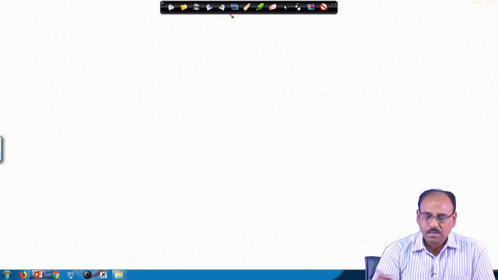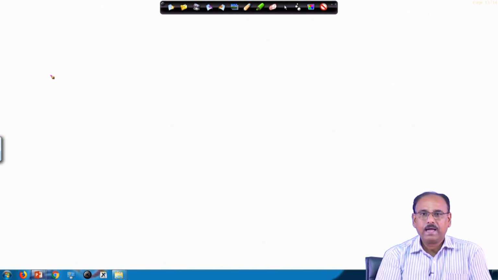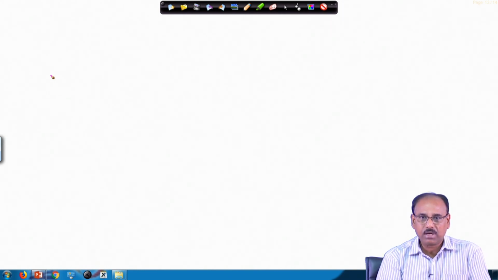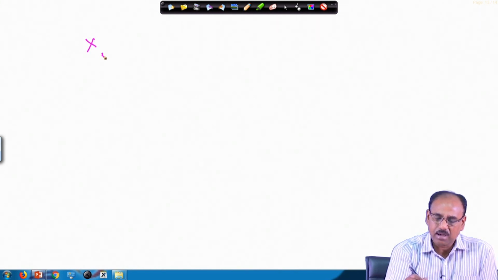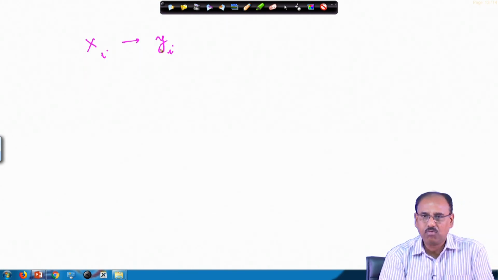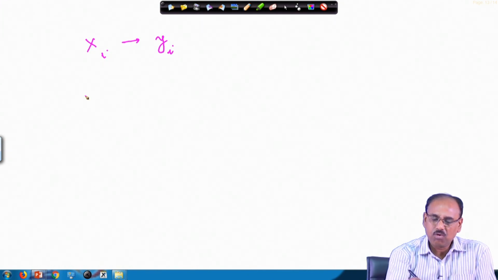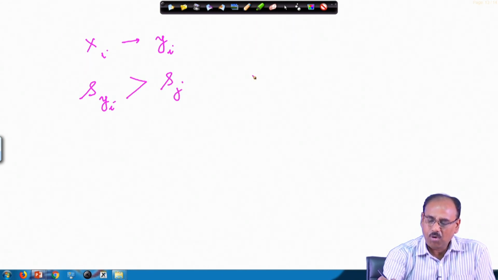What is a loss function? As I said, if my classification is not correct, or even if it is correct but I want better confidence over the classification, then if the vector xi belongs to category omega i, or the index is yi, then in the score function s_yi should be greater than s_j for all j not equal to yi.